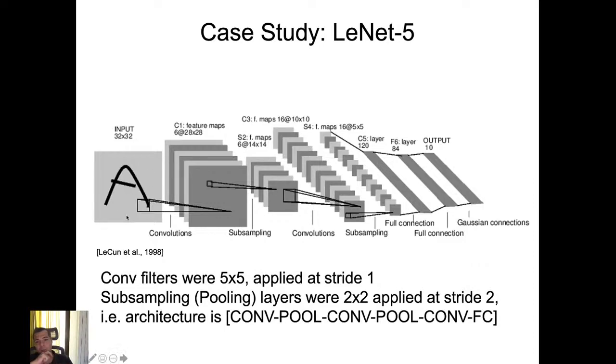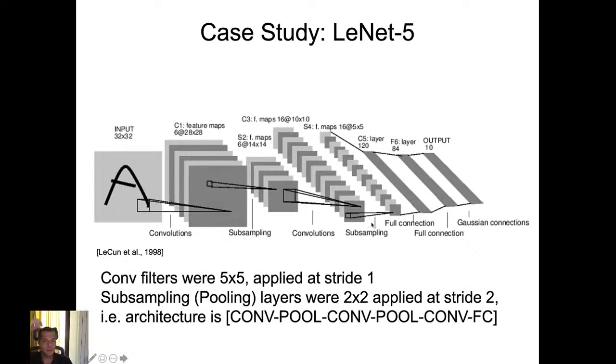You see that the activation maps go down from 28 by 28 to 14 by 14. It means that the pooling layers have 2 by 2 filters applied at a stride of 2, so they don't have any overlap. Then they again apply 5 by 5 filters, reducing the spatial dimension of the activation maps, and now they use 16 filters, so the output volume is 16 by 10 by 10.